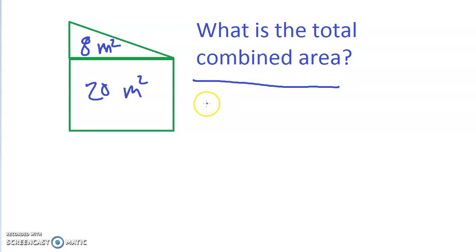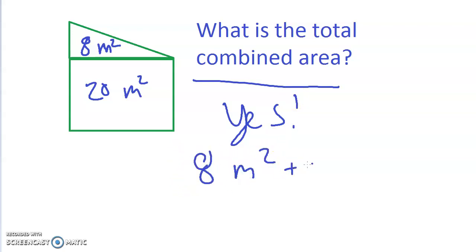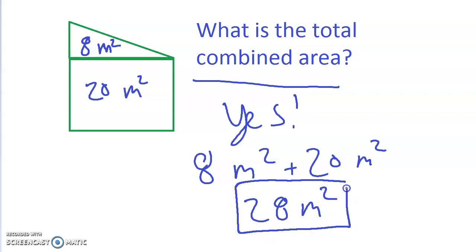Well, you might be thinking, gee, Mr. Lopez, shouldn't we just add them together? Yes! Yes, we would just add them together. So if I wanted to go ahead and add these together, I would add 8 square meters plus 20 square meters, and I would get 28 square meters. Now, would our unit be square meters?